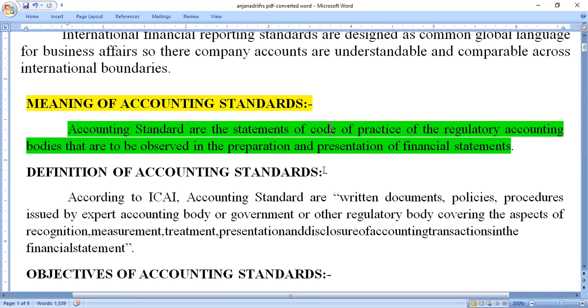Government authorities is nothing but MCA. The main aspects of these accounting standards, there are five major aspects they consist of. First one is recognition, second one is measurement, third one is treatment, fourth one is presentation, and fifth one is disclosure.